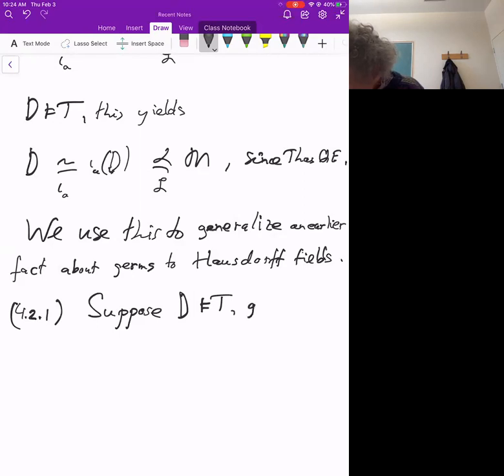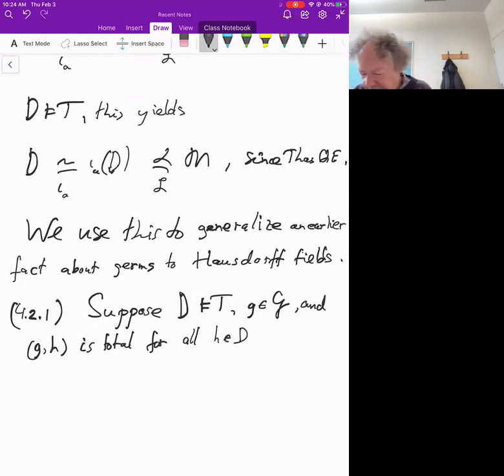And we have a germ now. And suppose that if you form any pair G, H with H in D, then G, H is total for all H in D. In other words, G(t) is eventually bigger than H(t), or eventually equal to H(t), or eventually less than H(t).